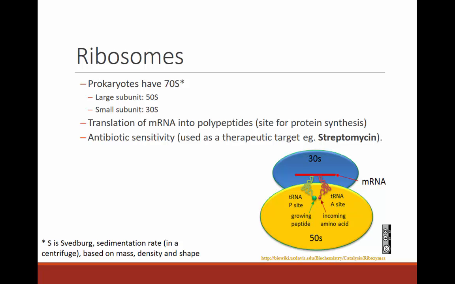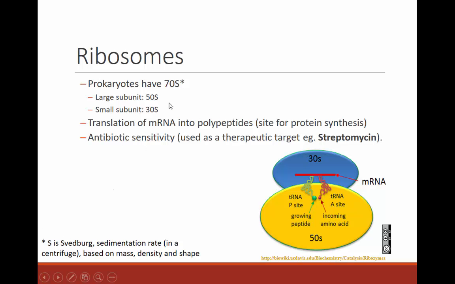Now with the ribosomes, this is really interesting because ribosomes are all about making protein, yeah? Eukaryotic cells have ribosomes as well as prokaryotic cells. Yep. So prokaryotes, though, have a different type of ribosome. It is known as a 70S ribosome. Now, S is for the Svedberg or sedimentation rate, so it's just basically the size.